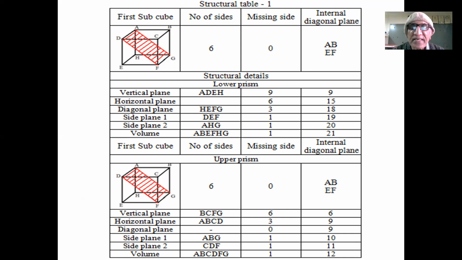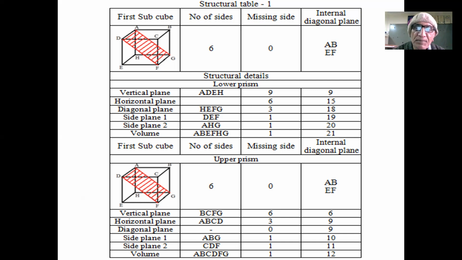On the computer screen is tabulated the structural components of lower prism of the first subcube. The vertical plane is contributing 9 structural components: 4 corner points, 4 sides, and the surface area.